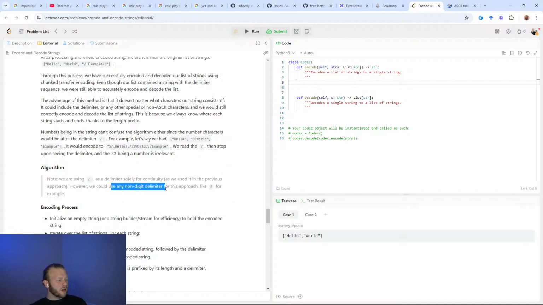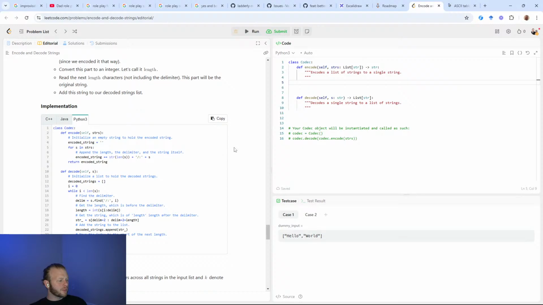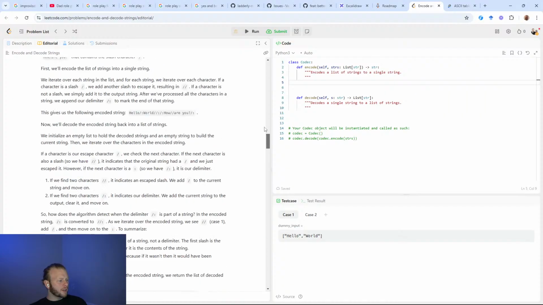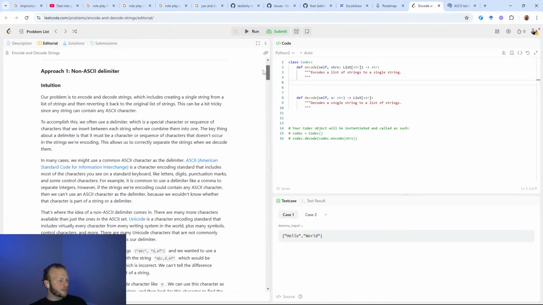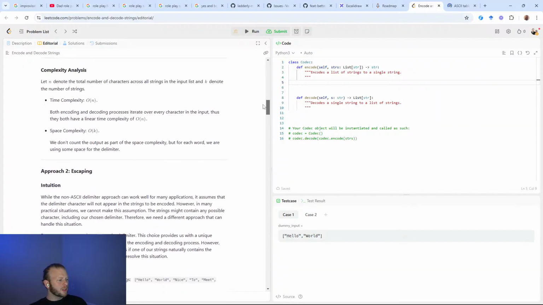We could use any non-digit delimiter for this approach. I don't think so, dude. I don't think so. Yeah, and it's not better.